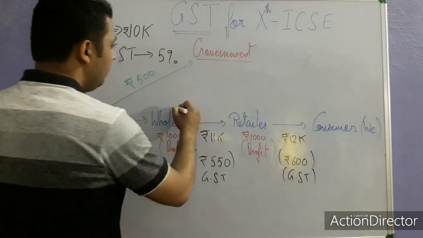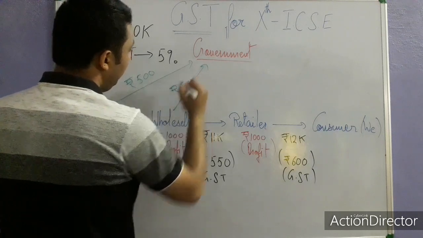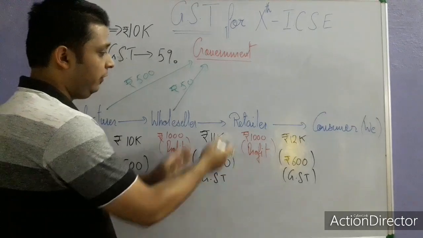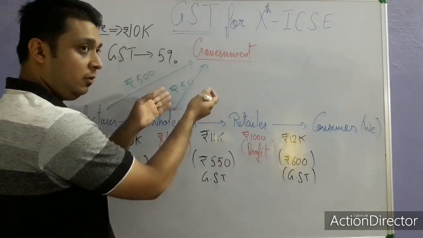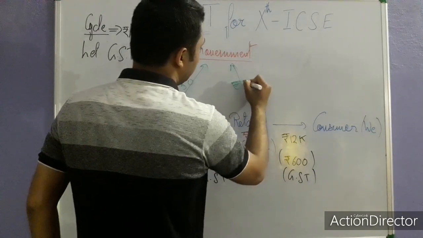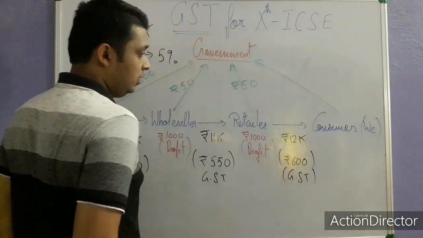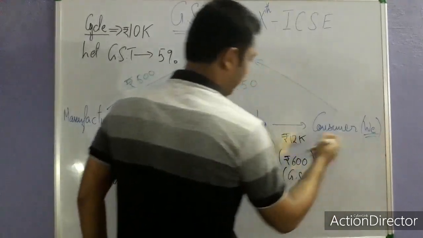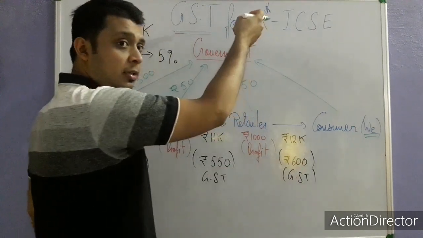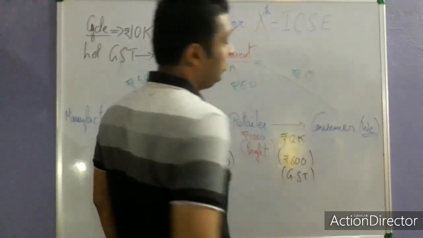And you all know that similarly the wholesaler will pay rupees 50 to the government, because he has already paid rupees 500, and when he gets 550 from the retailer, he gives the balance to the government. Clear? As GST. And then the retailer gives rupees 50. And similarly, since we are the consumers, isn't it? We have already paid GST of 600 to the retailer to be paid to the government, so we do not pay any money to the government.